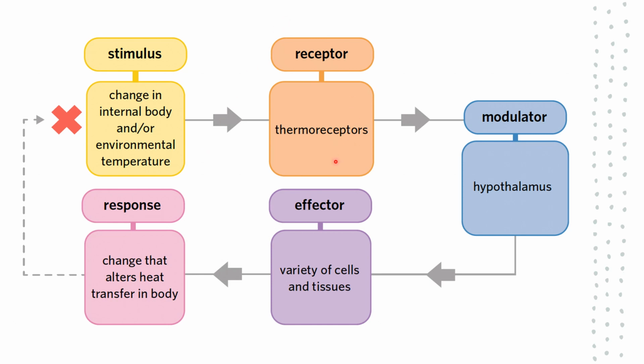Our thermoreceptors in our body detect this, and they pass this message on to the modulator, specifically our hypothalamus. This will compare the temperature change in the stimulus to our normal temperature range. It will send a signal to the effectors, which can be a variety of cells and tissue, which produce a response, changing our heat or body temperature, counteracting that stimulus. So we're going to go into a little bit more detail of this in just a second.